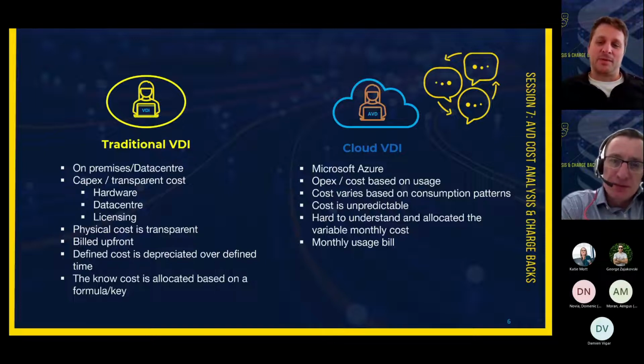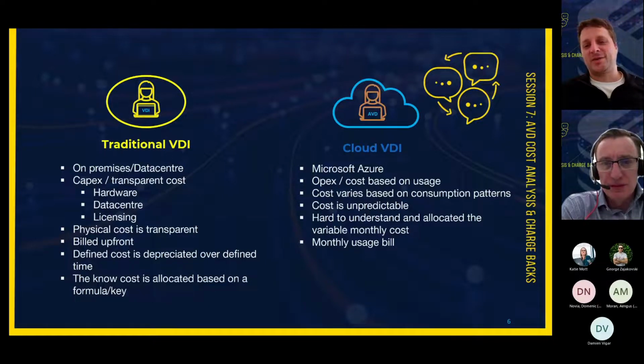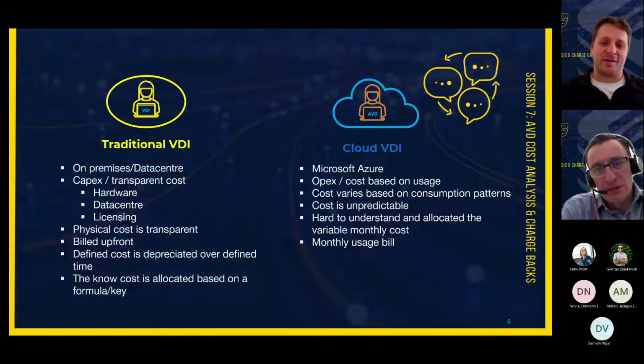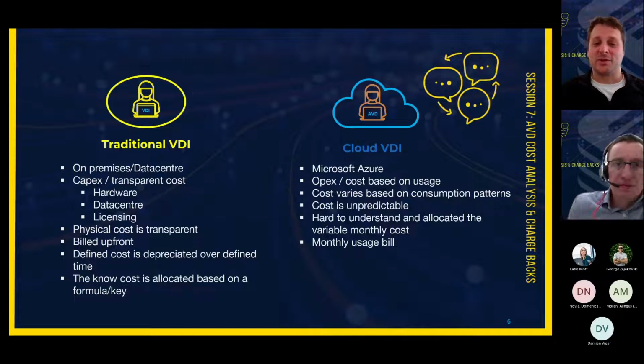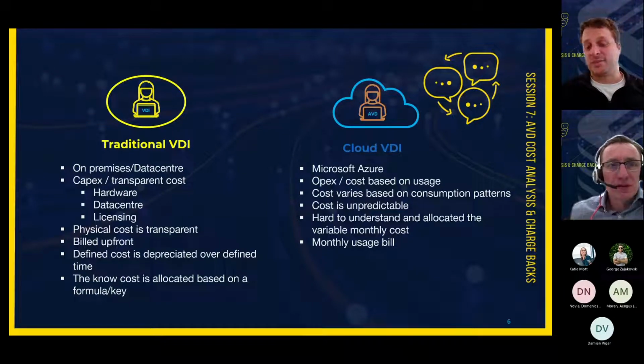This next statement might be a bit controversial, but we do say cost is unpredictable, just because at the beginning of the month it's really hard to say what the bill will be at the end of the month down to the dollar. We usually don't know that, and it's influenced by a lot of things, such as usage.